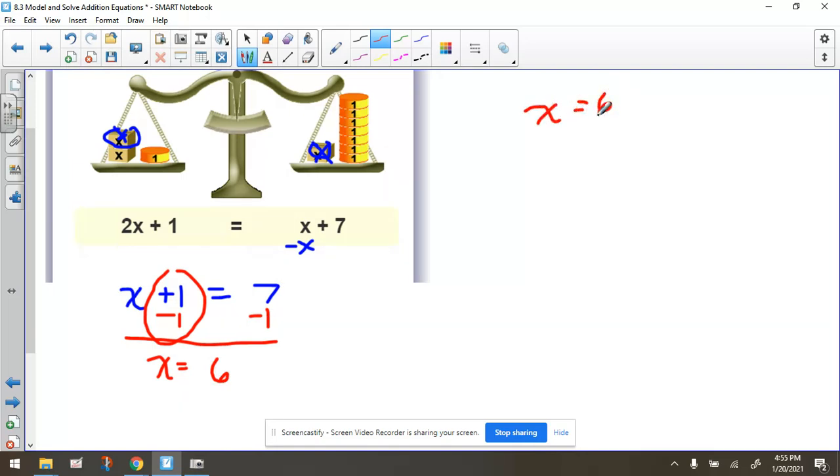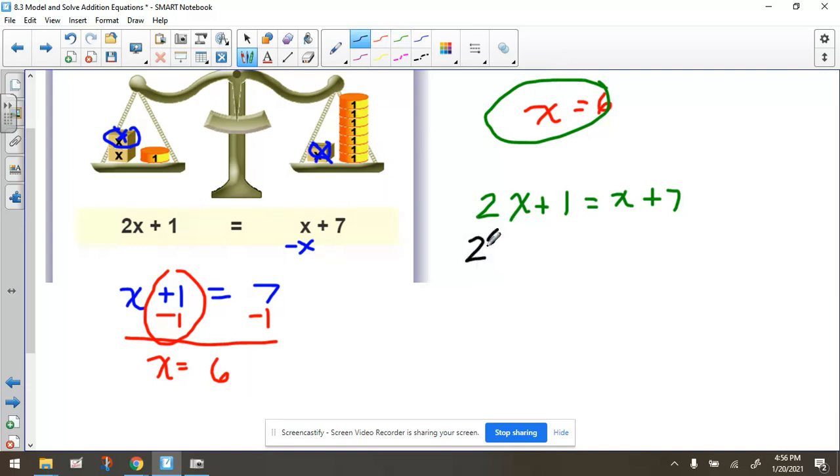Now, if we substitute that value into the original equation, which recall was right here, 2x plus 1 equals x plus 7. If we substitute in what we got, which was 6, let's do that.